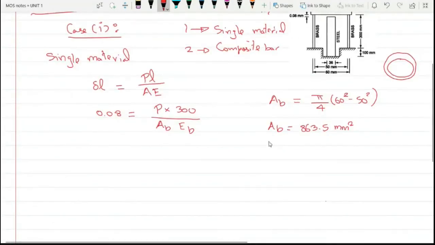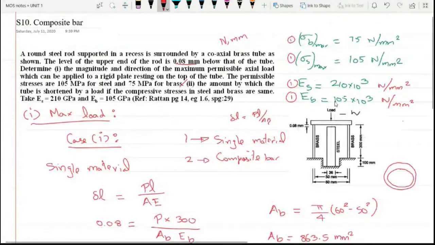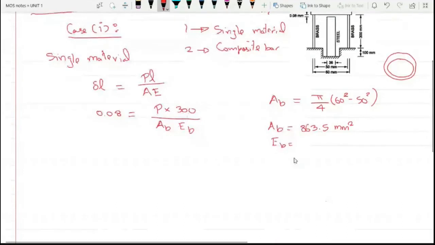Next, you know your Young's modulus, which for brass is 105 into 10 power 3.